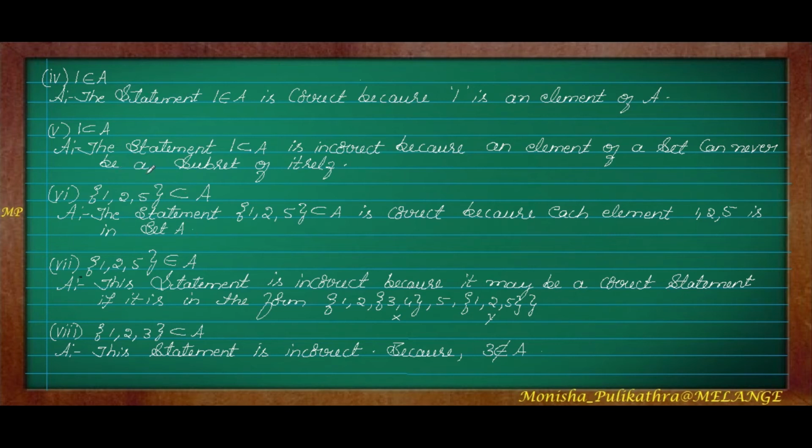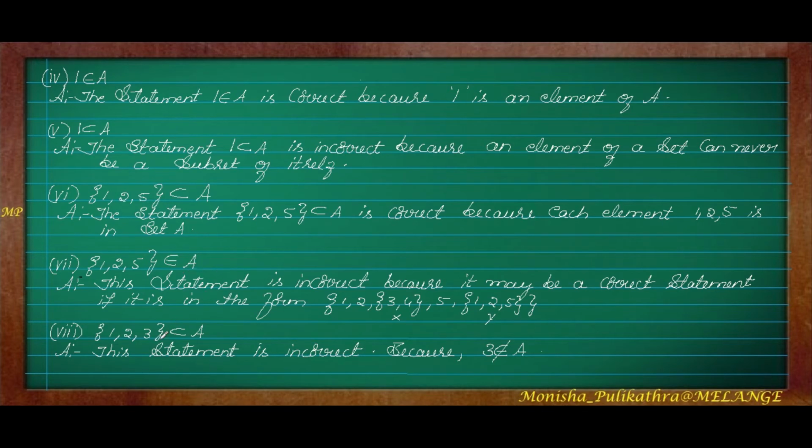But if all the elements are taken together, then we can't say belongs to. Then we can say it is a subset. If a single element is there, then subset is not a correct way of saying. We can say 1 belongs to. With 2 or more elements, we can say it is a subset and not belongs to.